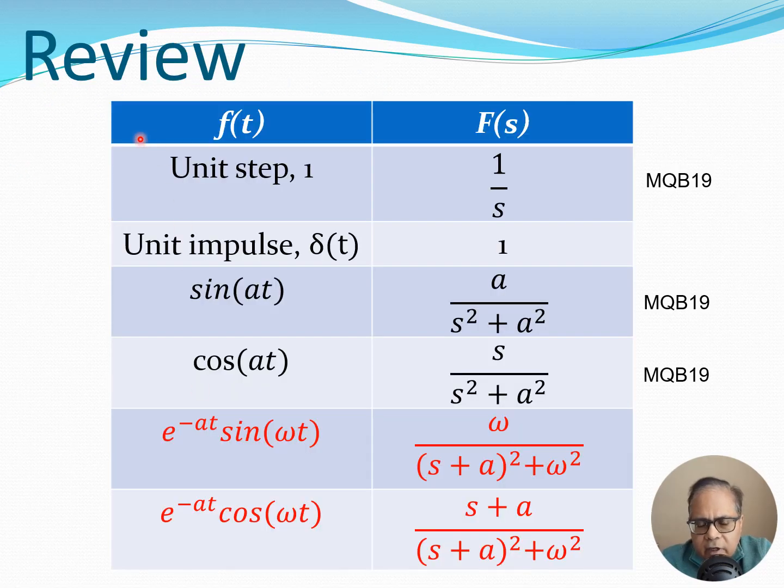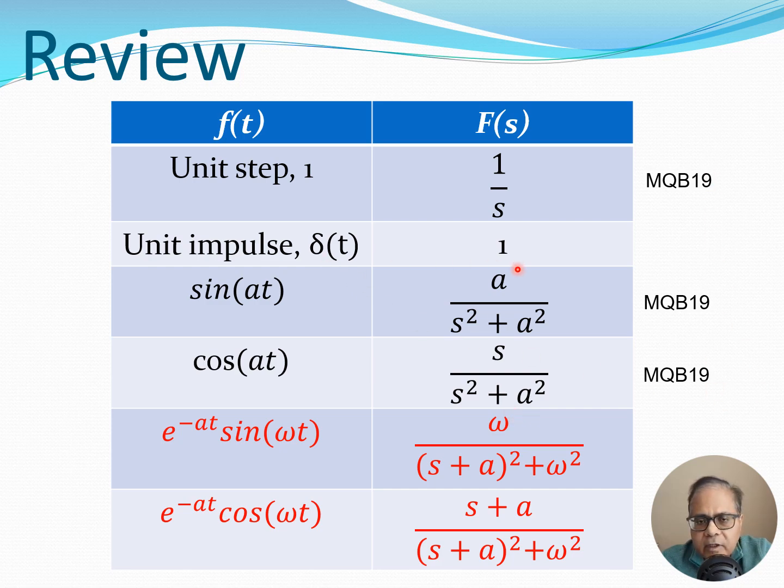Now again, before I move on to this problem, I'm going to review a few Laplace transforms here. We are going to use these two particular Laplace transforms which are given in red. But of course you remember the unit step function Laplace transform was 1 by s. For sine at it was a by s square plus a square. For cos at it was s by s square plus a square. These three were derived in the math question bank 19.